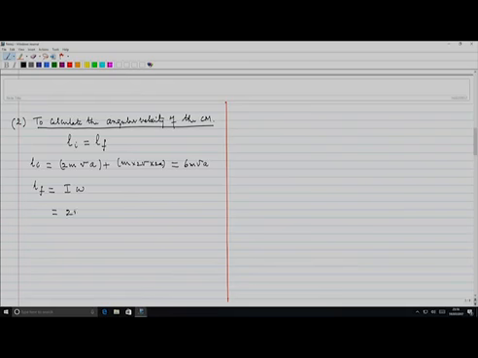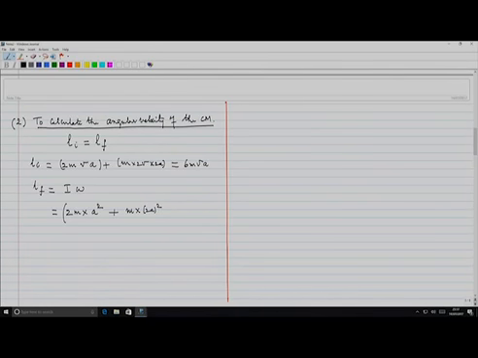So first 2m into a squared, this is the moment of inertia of the mass 2m, plus the moment of inertia of the mass little m times 2a whole squared.